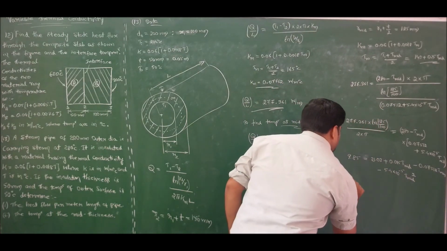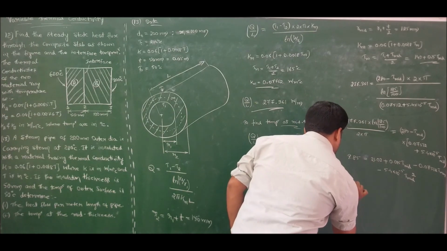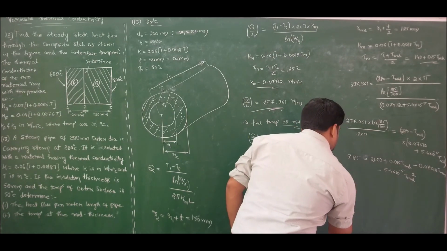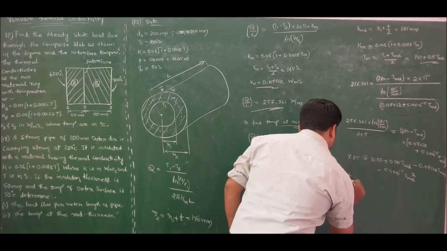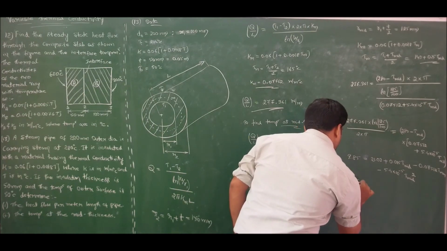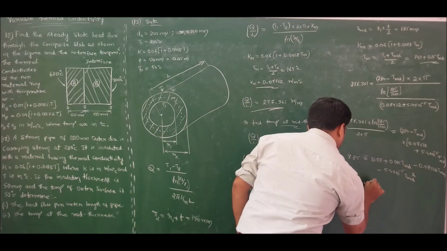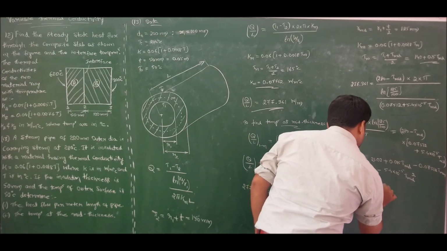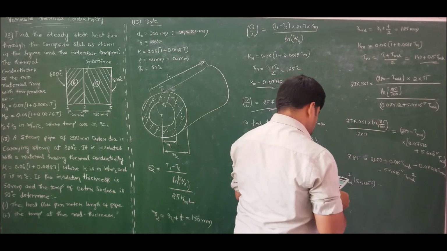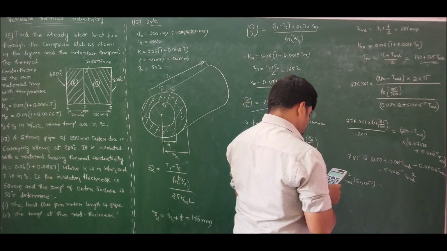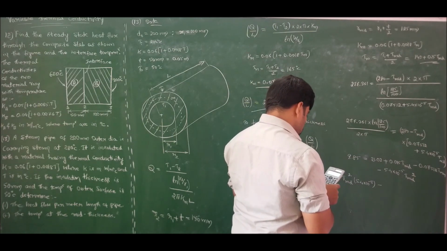Hence, we get a quadratic equation as T mid square into 5.4 into 10 to the power of minus 5, minus 0.015, minus 0.07512.